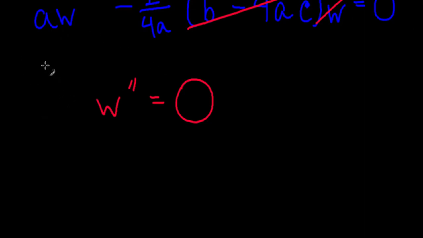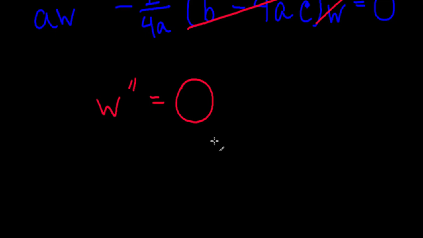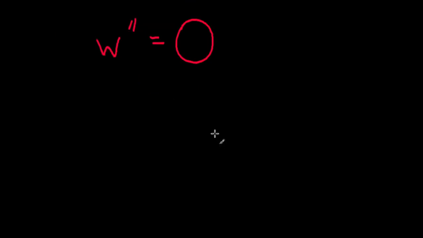All right. So if that is the case, we can actually just solve this by integrating 2 times. If we do that once, if we take the antiderivative of both sides, on the left we'll have w prime. I only need to add the constant on one side. On the right, we're going to have some constant, I'll call that a.